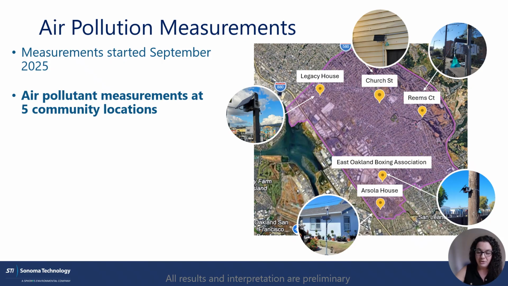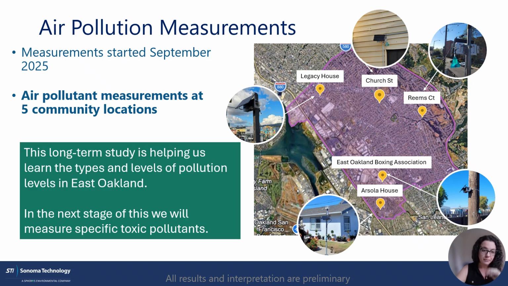We're measuring at 5 different locations in the community, collecting information on particles and on VOCs so that we can understand the quality of air that you're all breathing, and then that information can be used to create some change in the community if there are levels that are concerning or might be issues for people's health.